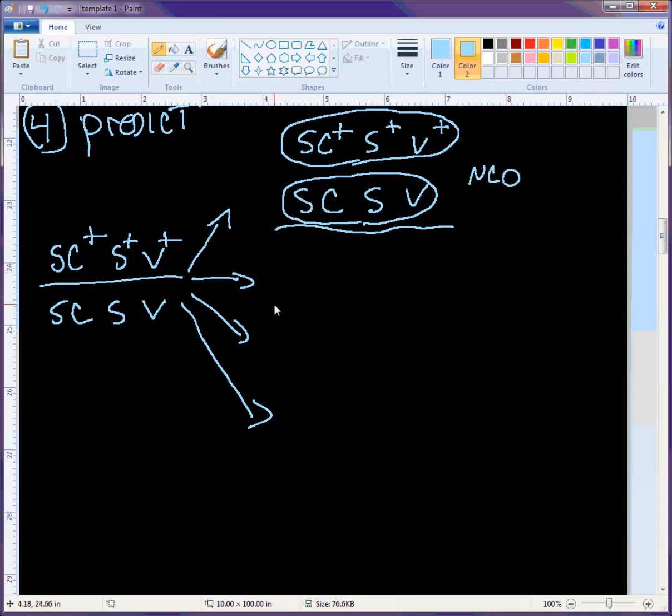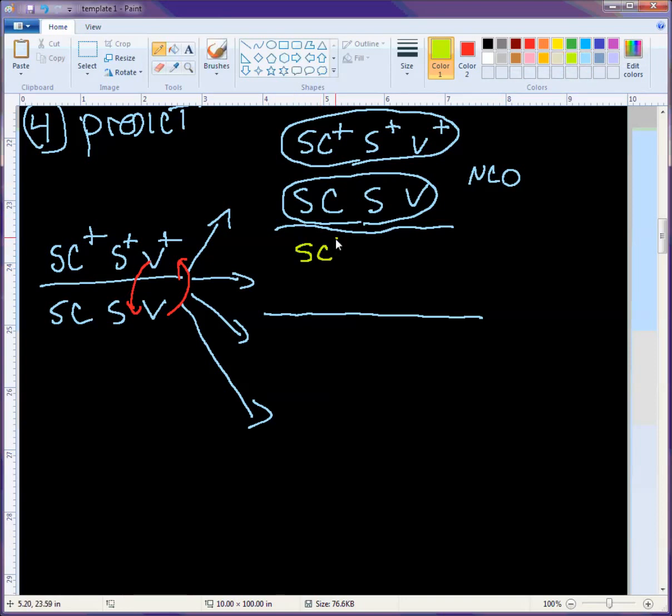Now, here, what we're going to assume is that a crossover is happening between S and V. So the mutant allele is going up, the V plus is going down. So I'll use a different color here. Why not?